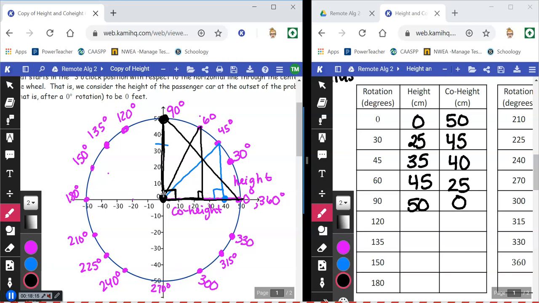So I'm going to help you with 120, and then I want you to find 135, 150, and 180 on your own. So for 120, we are going to create a right triangle with the x-axis. And I'm seeing a height of 45 and a coheight of negative 20.